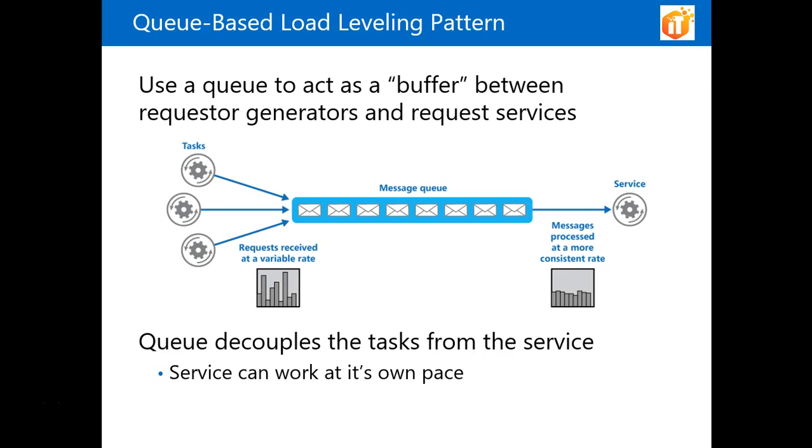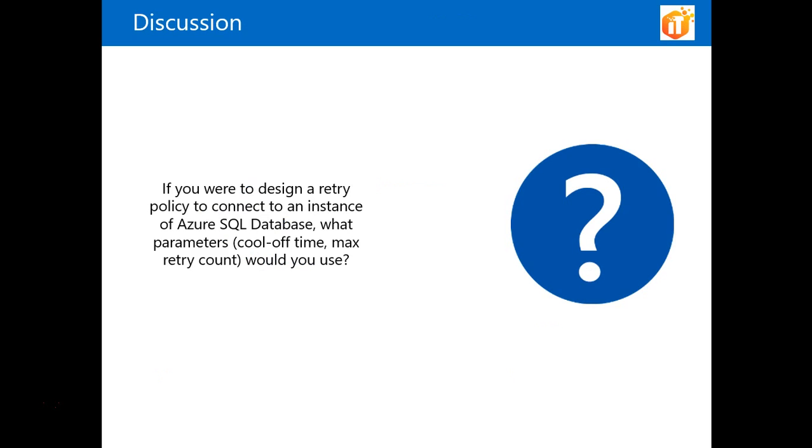It can help to control cost because the number of service instances deployed only has to be adequate to meet average load rather than the peak load. Some services implement throttling when demand reaches a threshold beyond which the system could fail. Throttling can reduce the functionality available, and you can implement load leveling with these services to ensure that the threshold isn't reached. So this was the queue-based load leveling pattern.